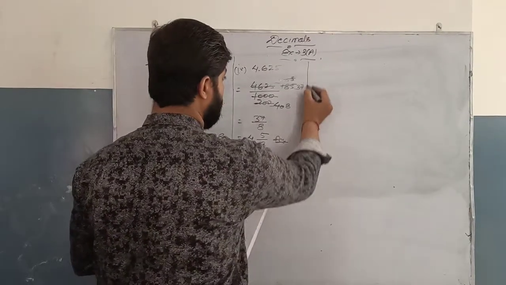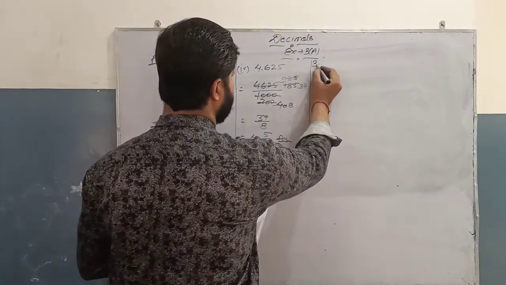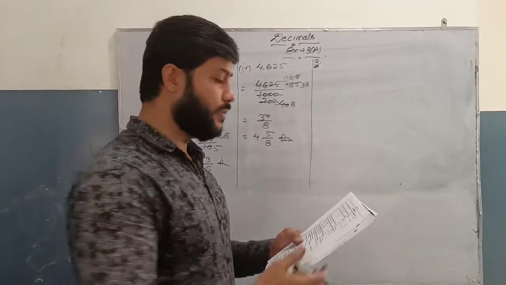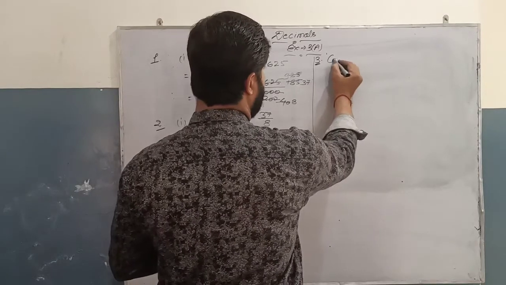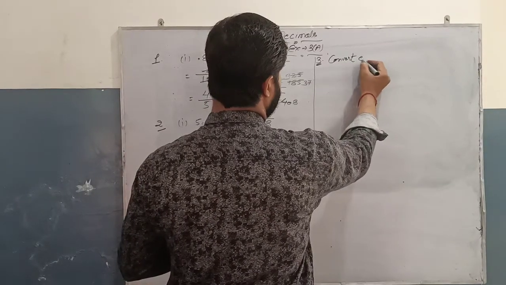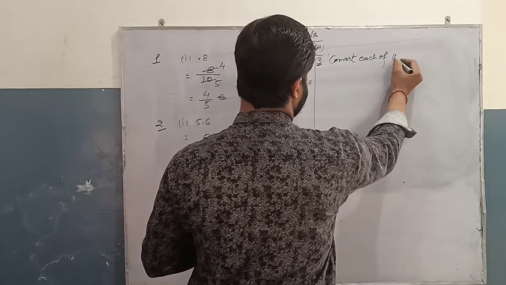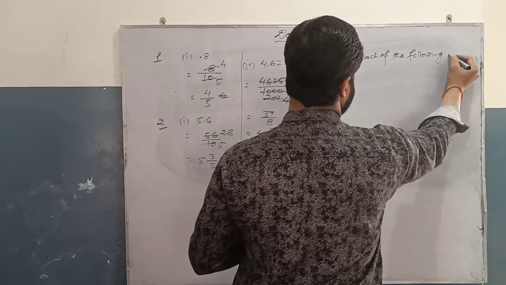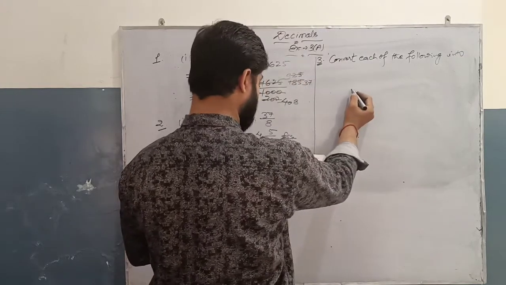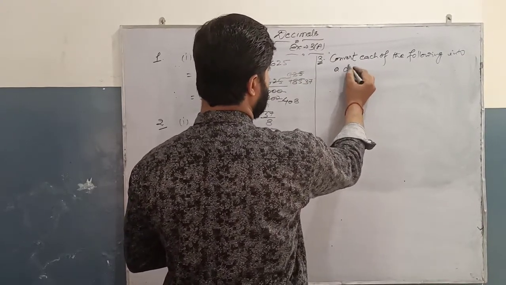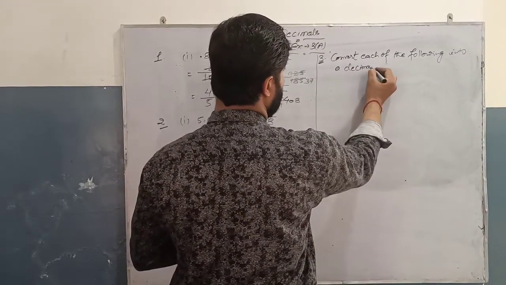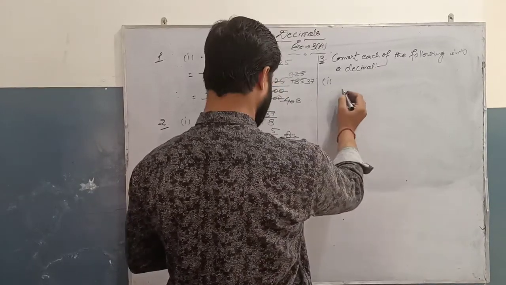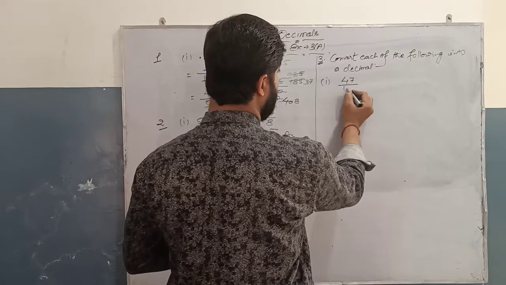Now question number 3 says, convert each of the following into a decimal. Question number 1: 47 by 10.